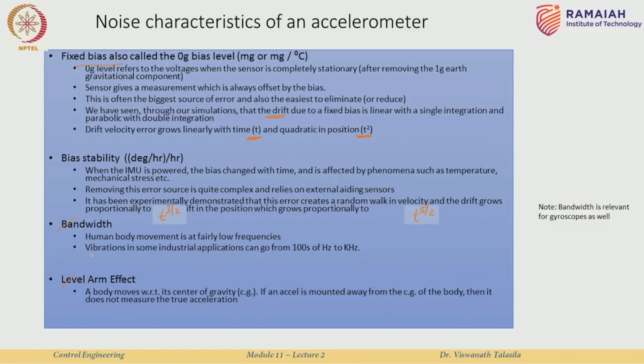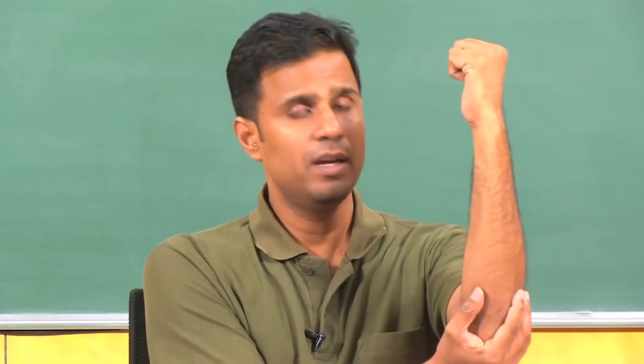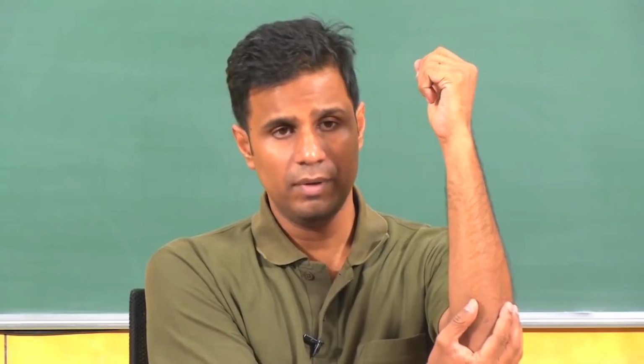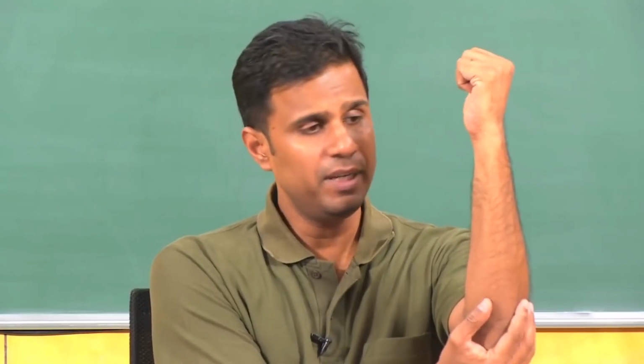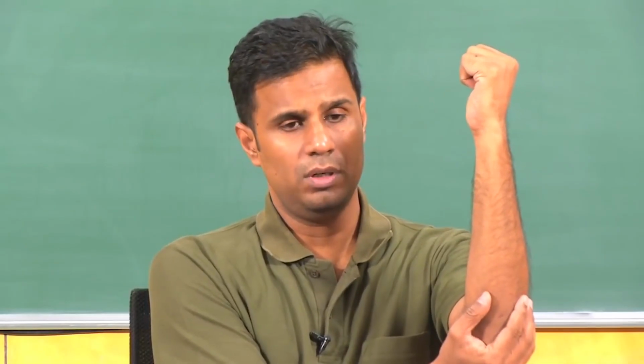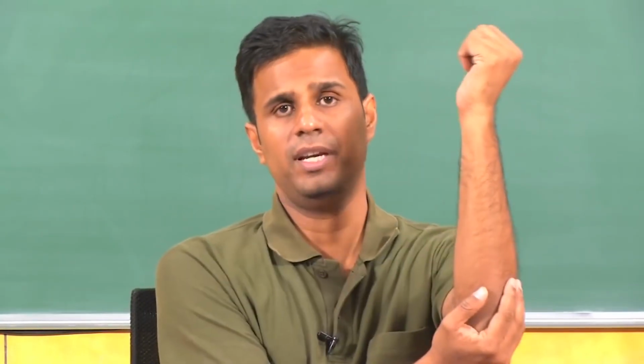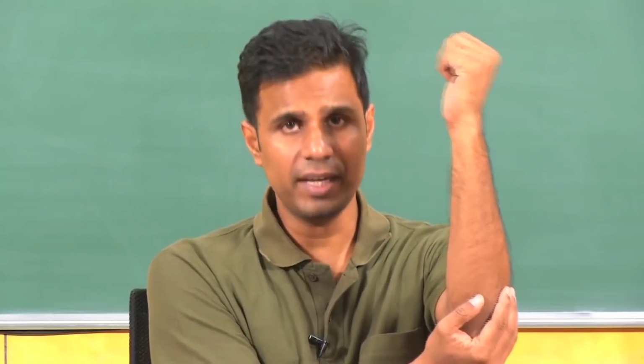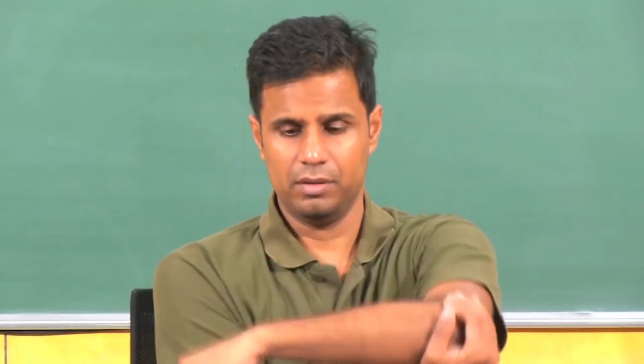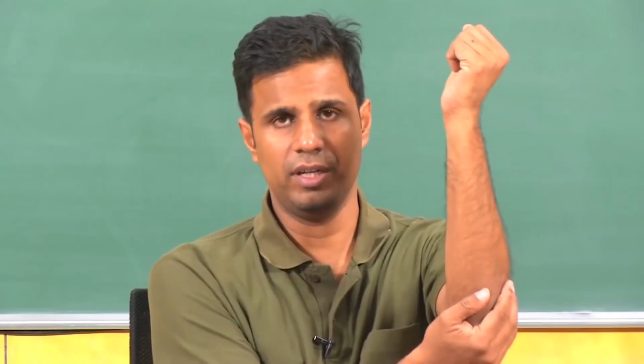We will not really go into these two details, except to say that the bandwidth of a sensor, and not just accelerometer, even for gyroscope, is extremely important. Let us take my arm, let us say the arm is moving at a rate of 1 hertz. It means I am able to do this motion in a 1 hertz cycle, which means it takes me 1 second to do this motion, 1 second, 2 seconds, 3 seconds and so on.